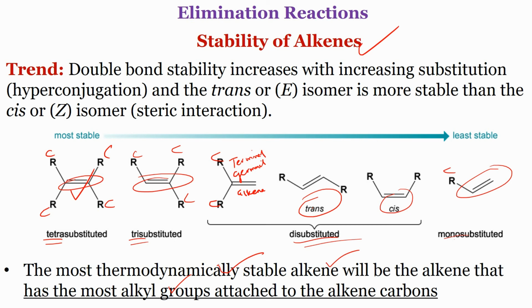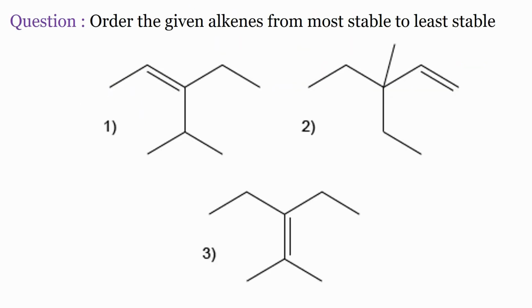So I think that concludes the few slides that you guys wanted us to discuss. Okay, so using this example, there's a carbon there attached to the double bond, there's a carbon here, this is trisubstituted. We're trying to look for which one's more stable.